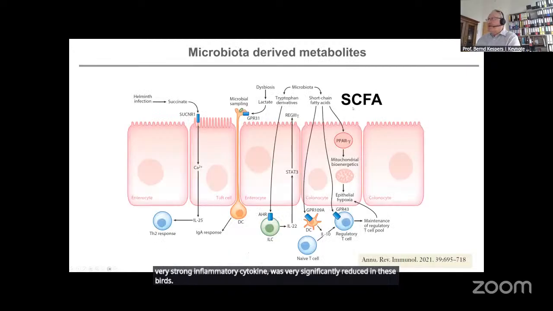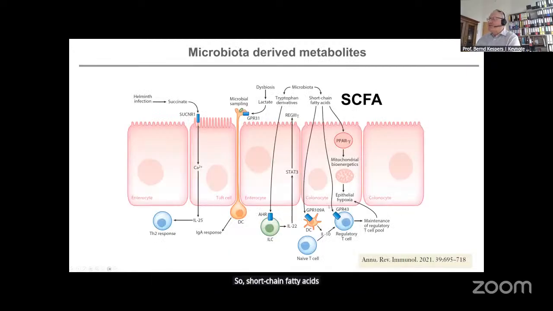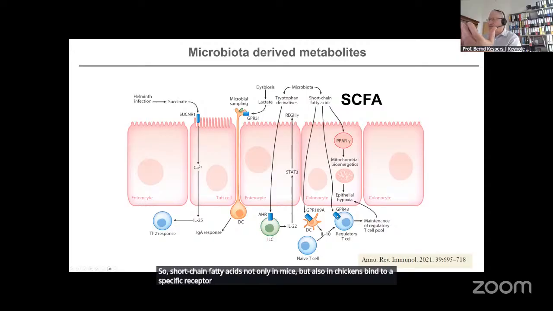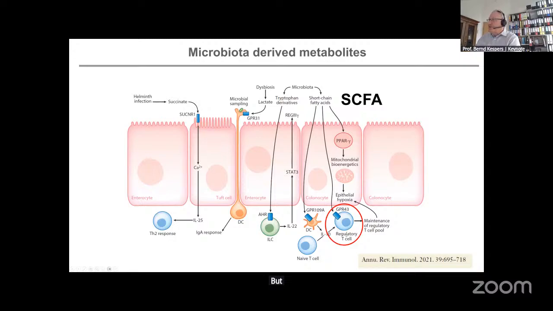So short-chain fatty acids, not only in mice, but also in chickens, bind to a specific receptor, most likely. We haven't confirmed that, but that is most likely, and then can lead to an anti-inflammatory response. But there's also another very important cell, which is called the regulatory T cell.